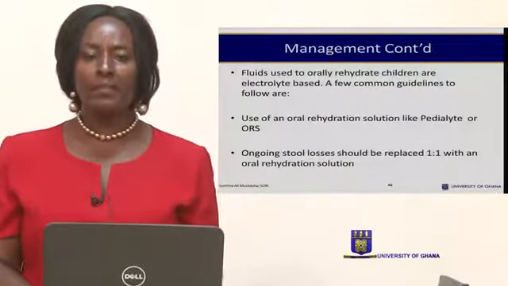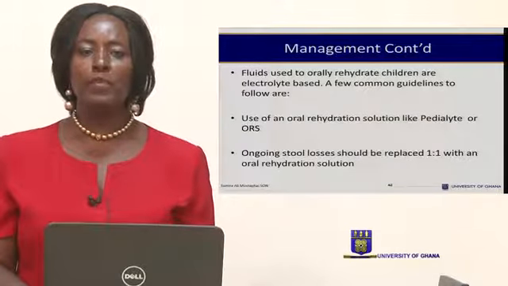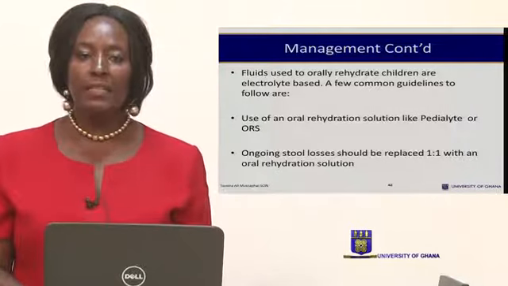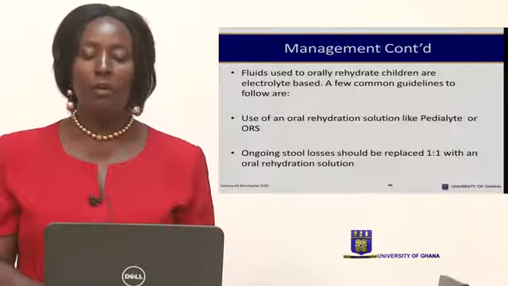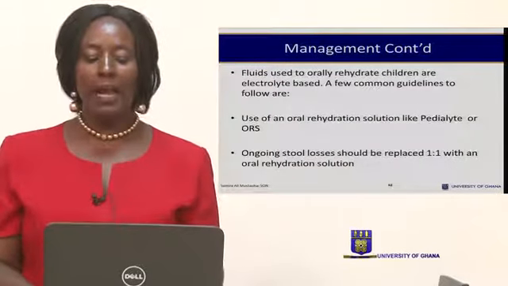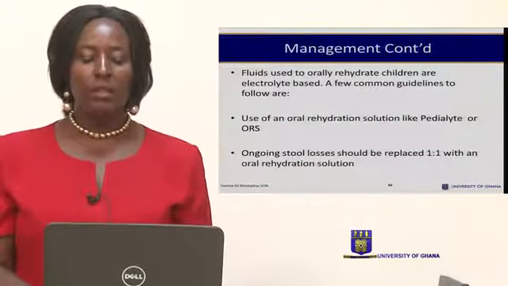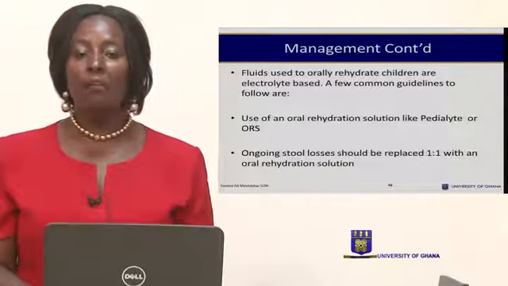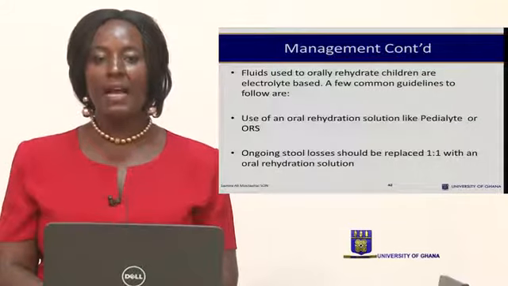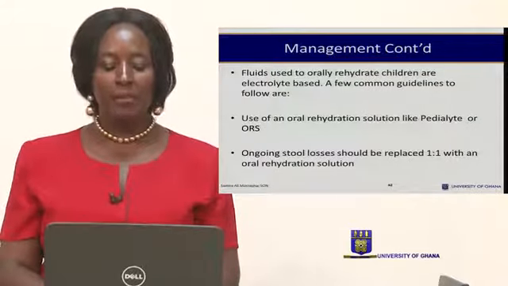Fluids used to orally rehydrate children are electrolyte-based, and there are common guides to follow. We all know this. And then use the oral rehydrating solutions, ORS, as we have on our markets for this preparation, because we know that water alone predisposes them to dehydration.